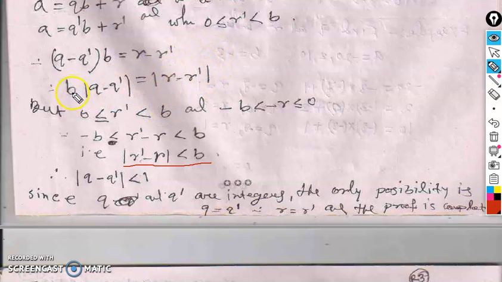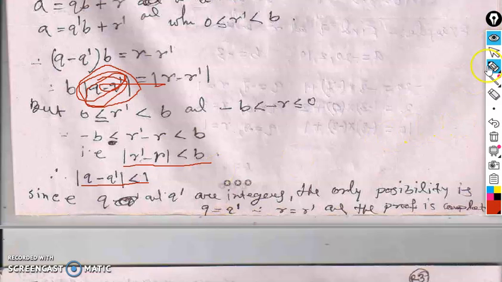That means you have to multiply the quantity b with another quantity that should be a proper fraction, otherwise the result would be greater than b, because if this portion is an integer, in that case the result would be greater than b. But according to our calculation, the result of r dash minus r is less than b. So |q minus q dash| should be less than 1. Exactly for that reason, here we use |q dash minus q| is less than 1.